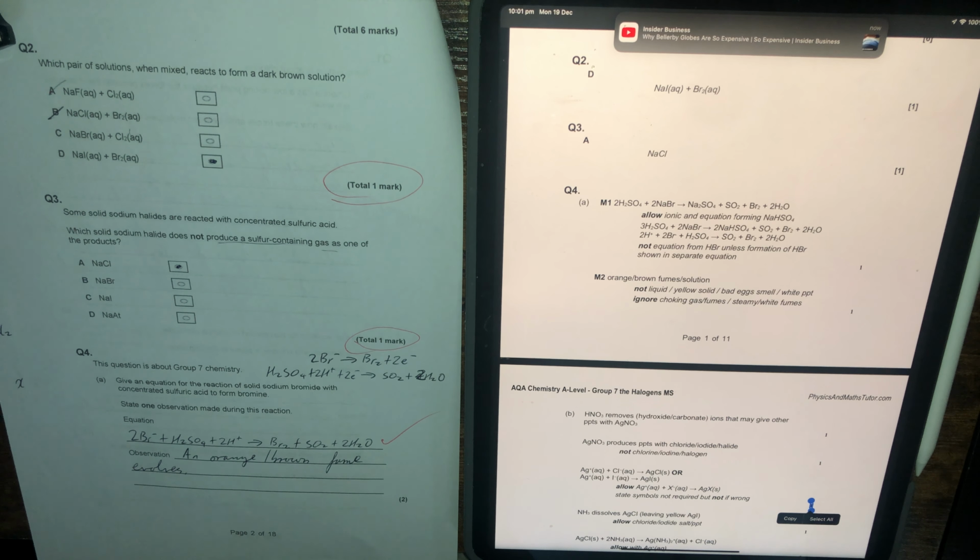So silver chloride will form a white precipitate. 2C, silver fluoride shows no observable reaction, so there's no visible reaction, no precipitate formed. Sodium fluoride will show no observable reaction when it's reacted with the nitric acid as it's being converted to silver fluoride, and that would instantly get redissolved again.